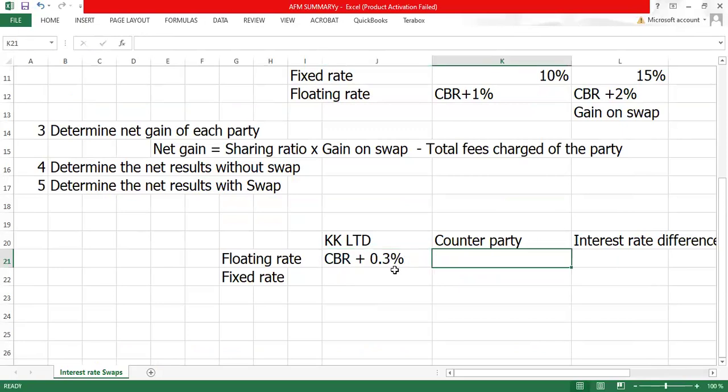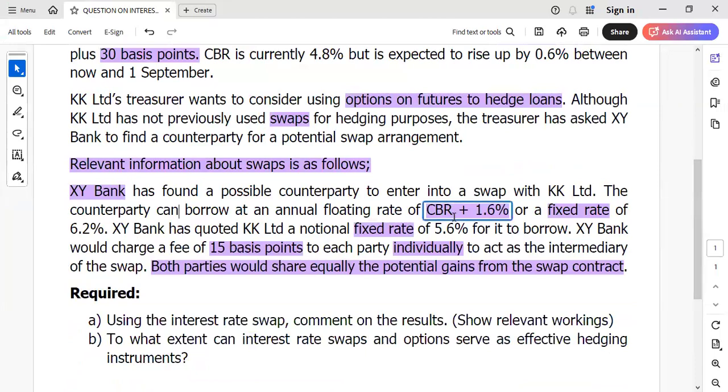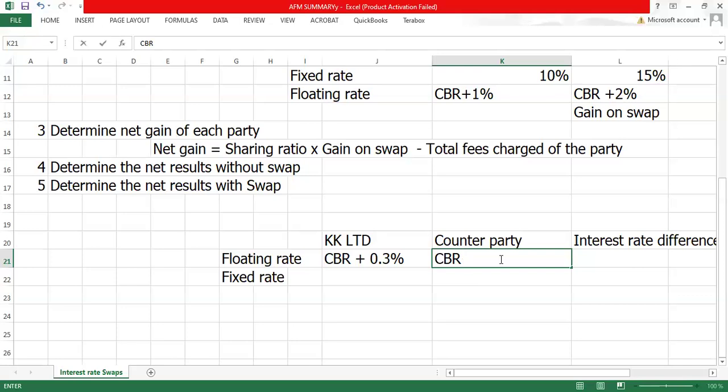Then what is the floating rate when it comes to the counterparty? Are we given that? It's CBR plus 1.6%.